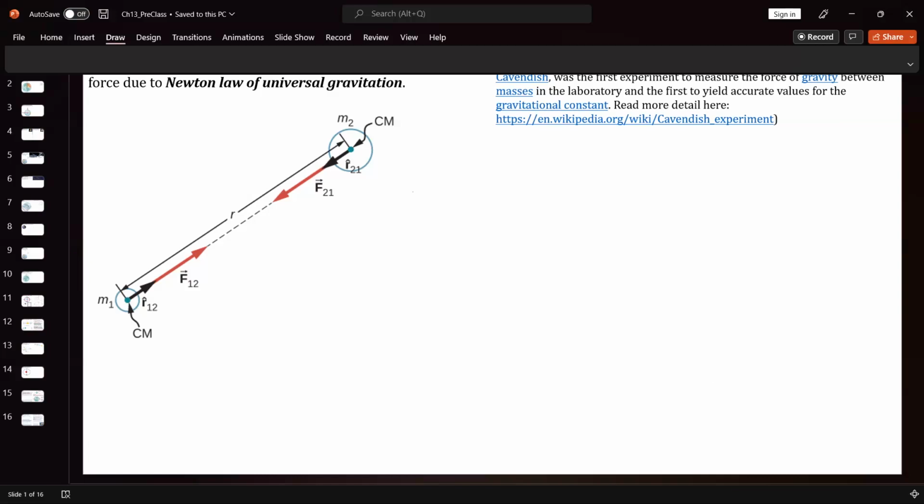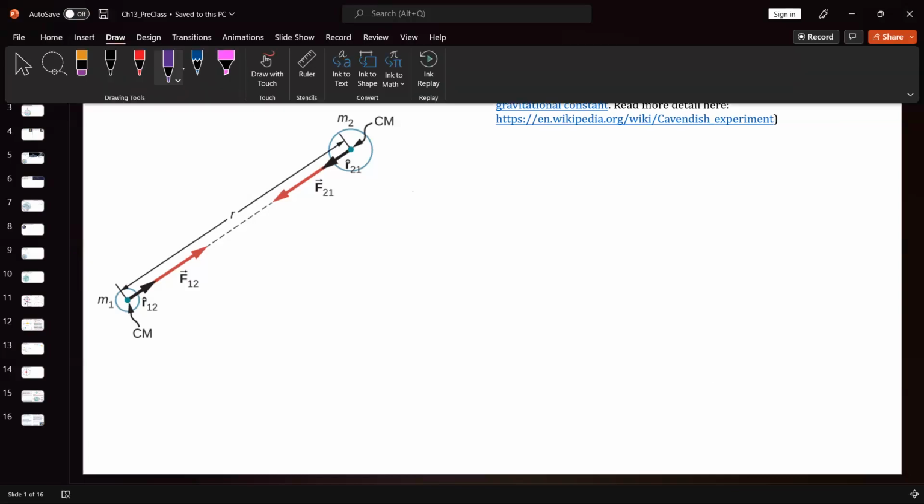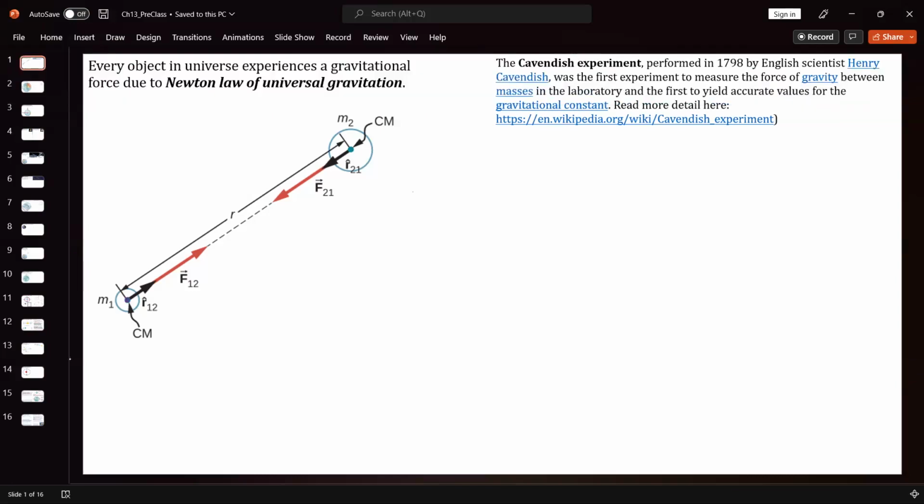So if this is a large astronomical object, then we can treat this as the center of mass for object number one, and this as the center of mass for object number two. If I draw a line between those two centers of mass, along that line there should be an interaction force between the objects.